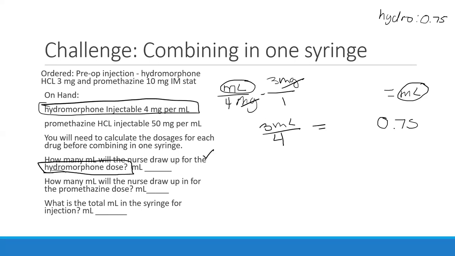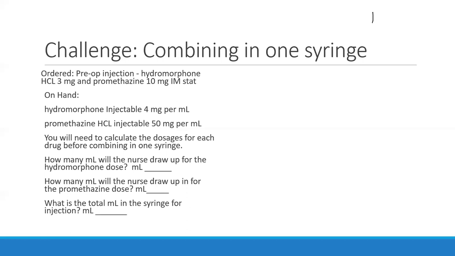The next one I have, and then we'll go ahead and erase some of this, because we've got our hydro 0.75. Okay, so now I need my promethazine. So again, I'm going to start at the back and do equals mLs.